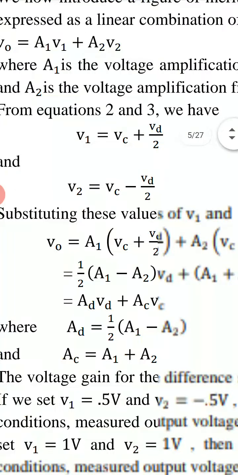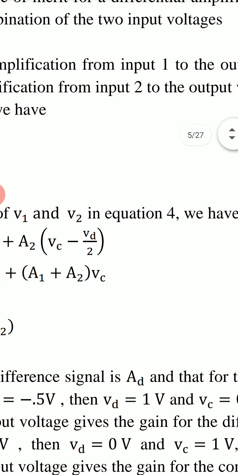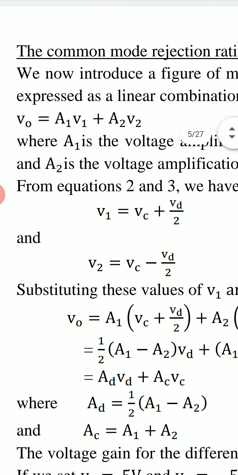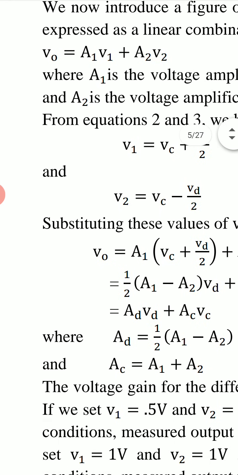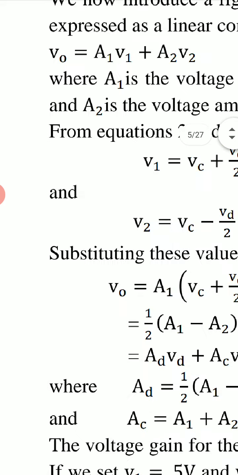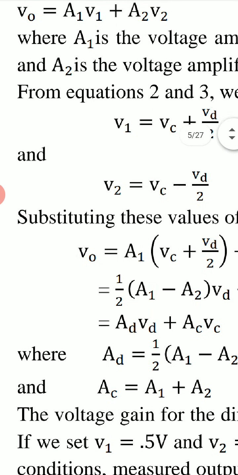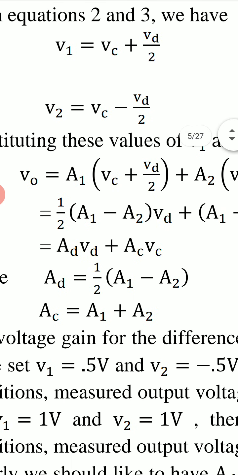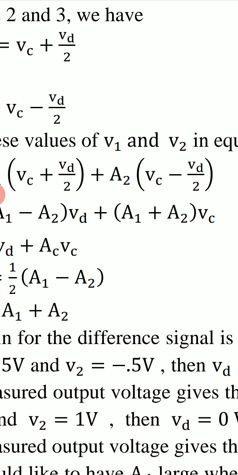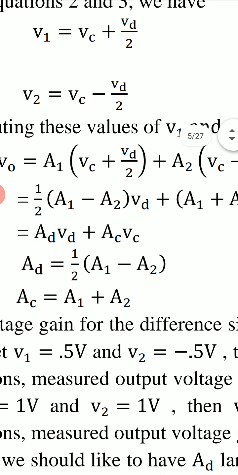Substituting these values of V1 and V2 in equation 4, VO equal to A1 V1 plus A2 V2, we get VO equal to A1 into Vc plus Vd by 2 plus A2 into Vc minus Vd by 2.